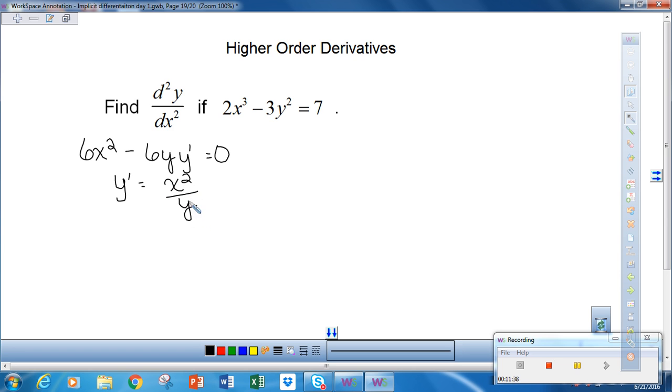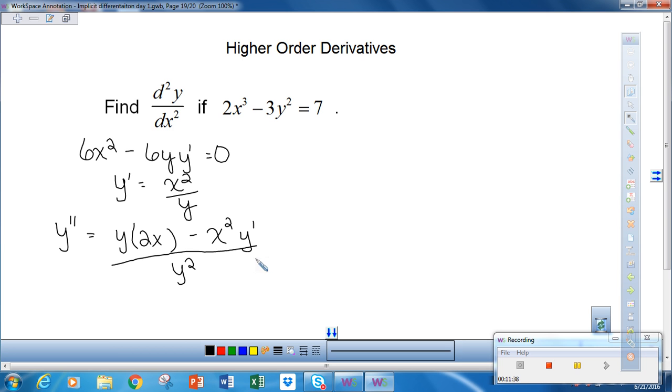All right. So to find the second derivative, we have to take the derivative of this. And yes, we're going to have to use the quotient rule. So we get low times the derivative of the high minus high times the derivative of the low, all over low squared.